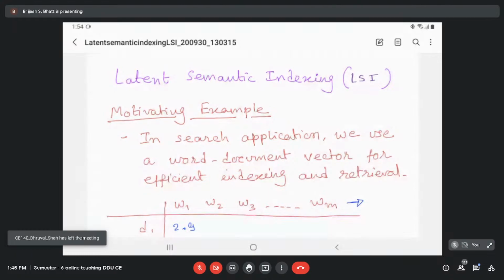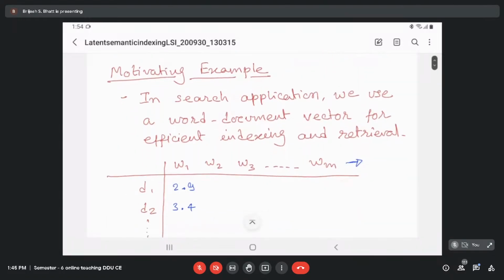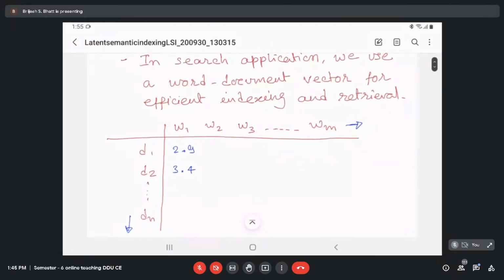For that, Google keeps a huge matrix of documents and words, something like this. Web crawling is part of information retrieval, where Google crawls the web, lists all the web pages available online and stores them in memory with some index like this.